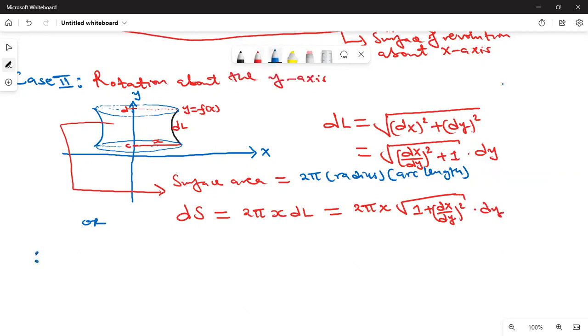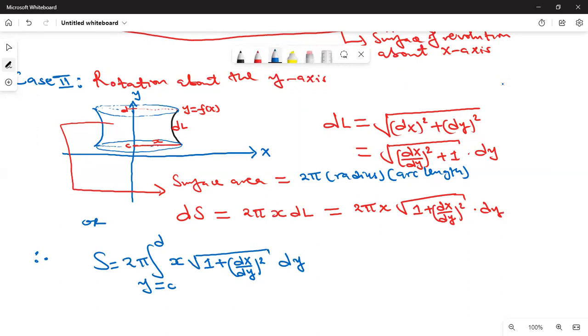So therefore, s is now the integral from y equals c to d of 2 pi, with 2 pi outside, so s is equal to 2 pi times the integral from c to d of x times the square root of 1 plus dx over dy, squared, then dy.